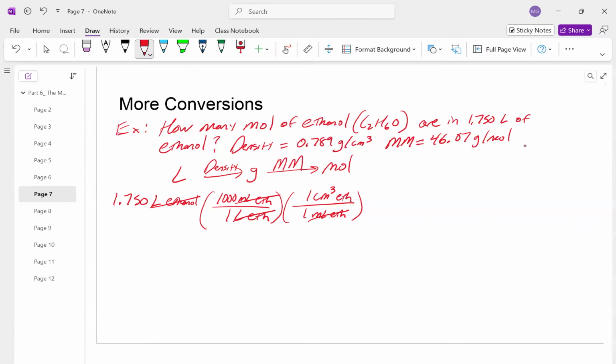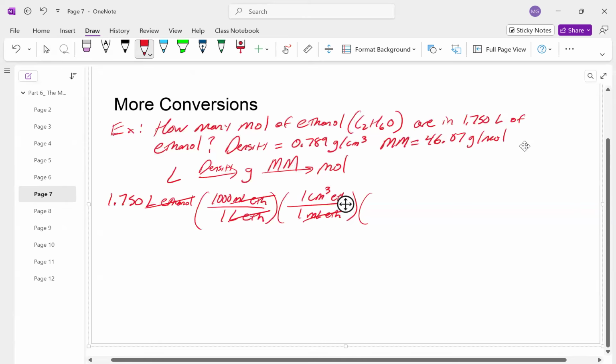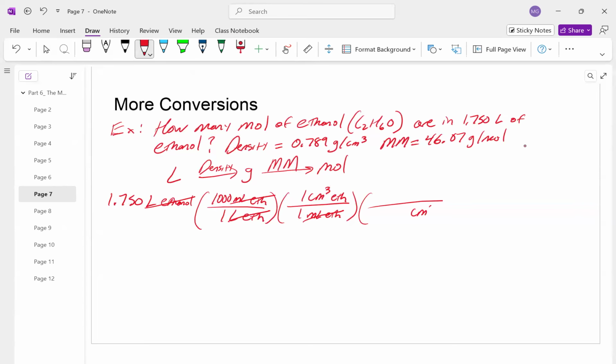So now my volume is in something that corresponds to density. So now I can use density here. So cubic centimeters are on the bottom, grams are on top. So the density is 0.789 grams per cubic centimeter. So those cancel out. And now I'm kind of at this point here. I'm at the grams part.